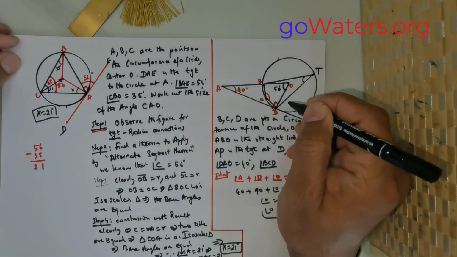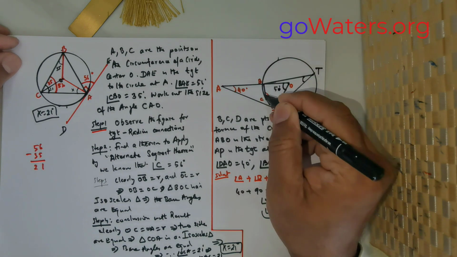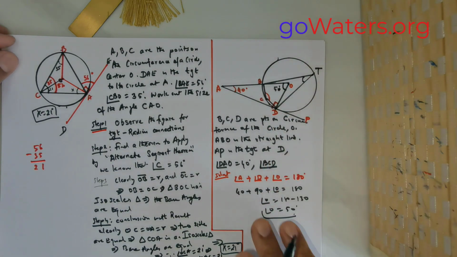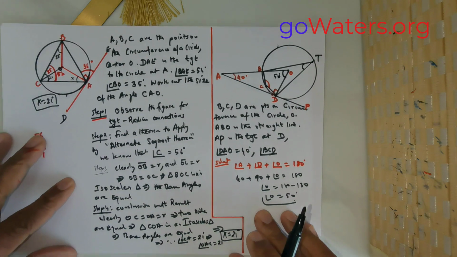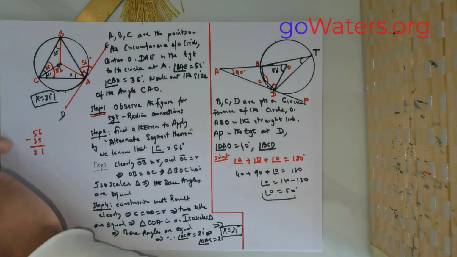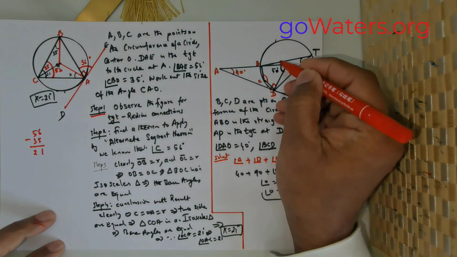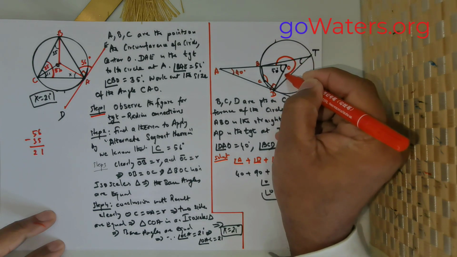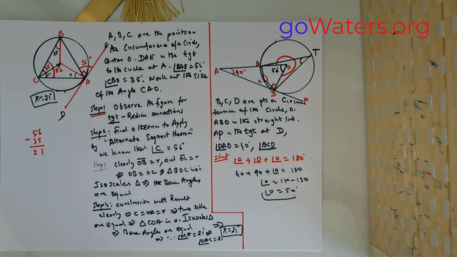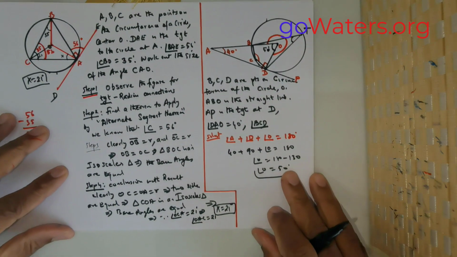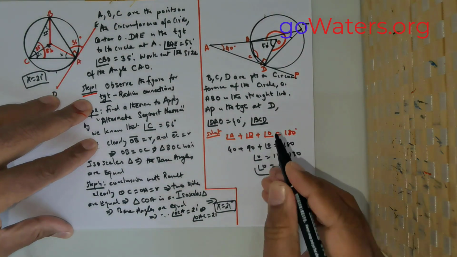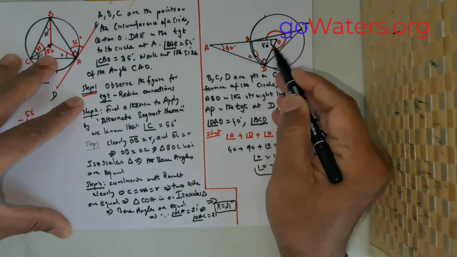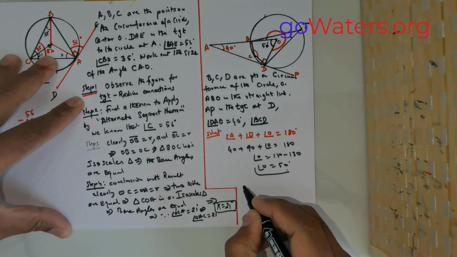But we have to get BCD. So this is the angle at the circumference. So there is a rule. Now clearly you can see this is the angle at the center. Okay, so the rule is I'm going to utilize the connectivity between the angle at the center and the angle at the circumference.